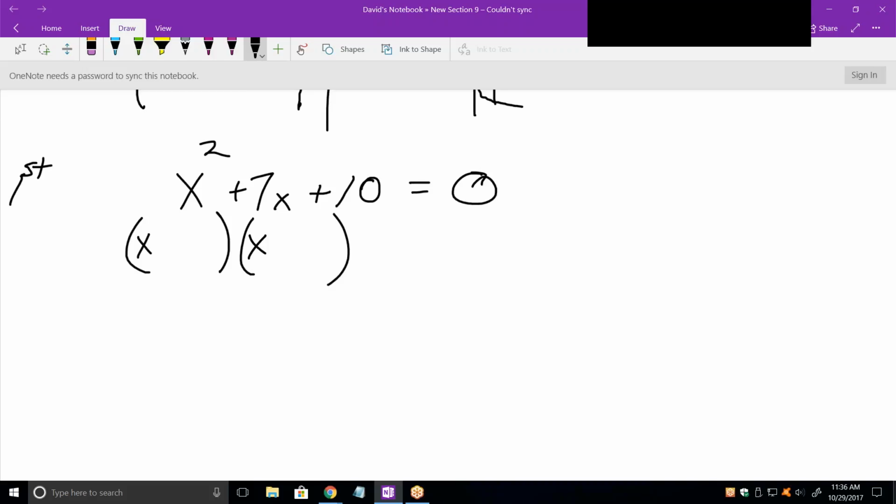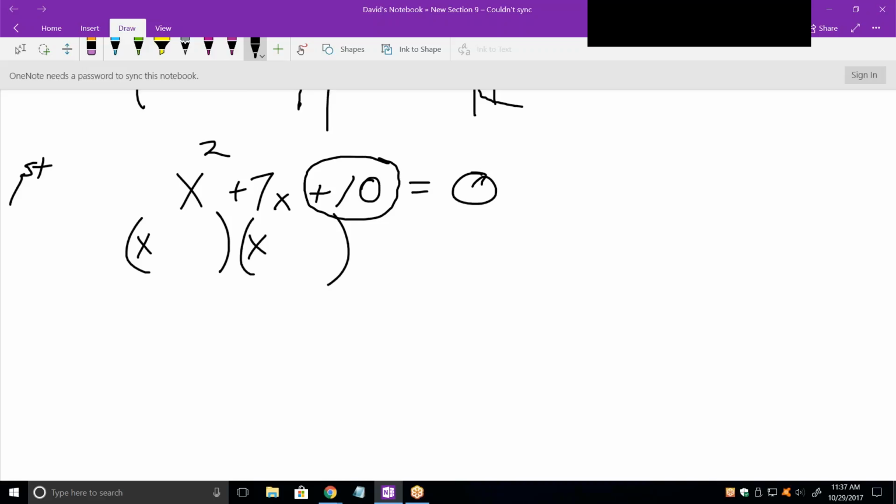Second step, and this is where most people go wrong, is to determine what both signs are. By signs, I mean, am I going to have a plus or a minus after this x? They both have to be plus. First of all, what you're doing when you're factoring is the reverse of FOIL. You were taught FOIL? Yeah.